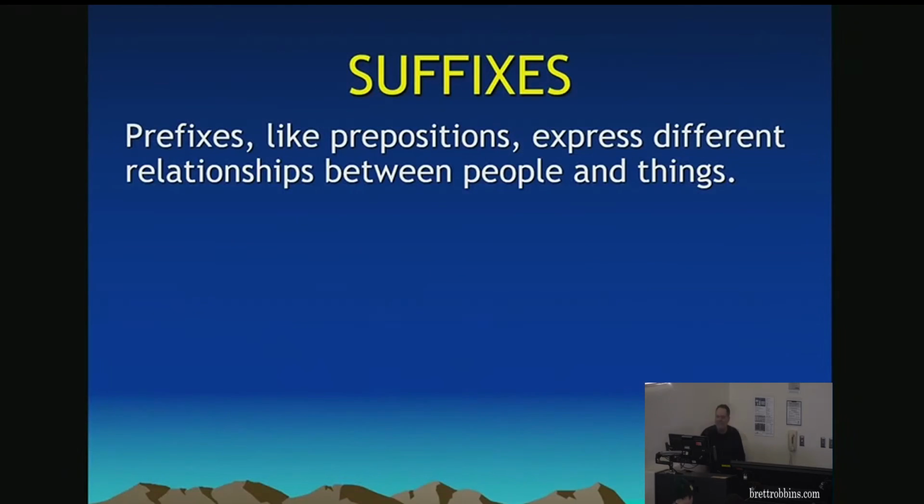So, prefixes, like prepositions, express different relationships between people and things. We already saw that. And we also talked about how prefixes are built from prepositions. It all begins with prepositions. Why do you need prepositions? First of all, they're separate words that express relationships between the verb and the object of the verb.